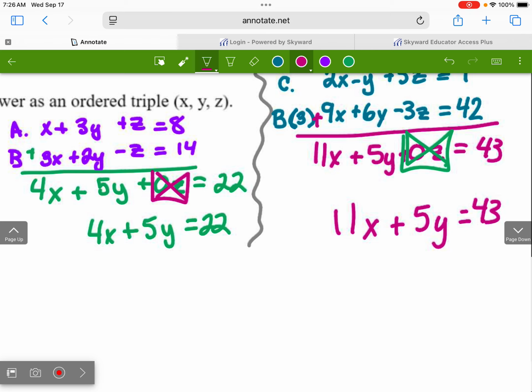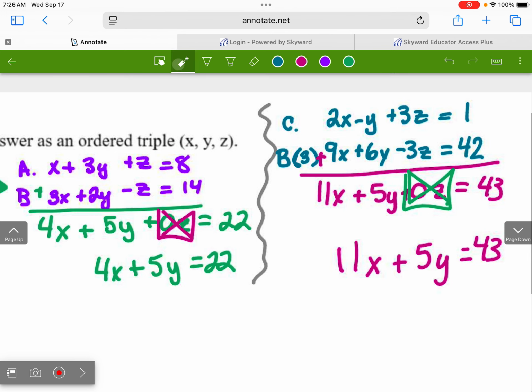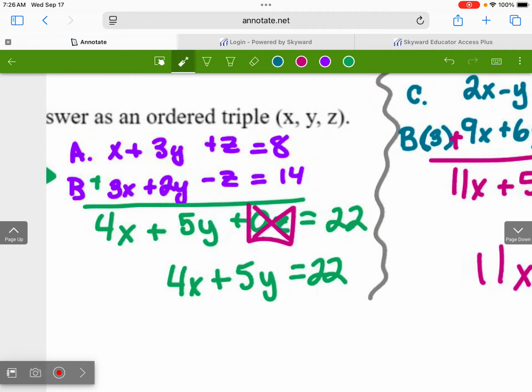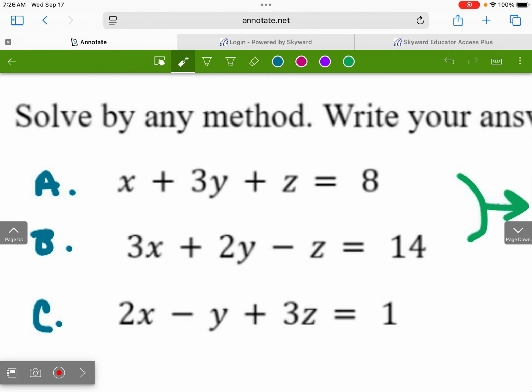Yes, sir. Not necessarily always. Good question. If you didn't have one that we could spot right away, we would just have to multiply both equations. So if I wanted to do A and B but make the x's cancel out, I could do that.